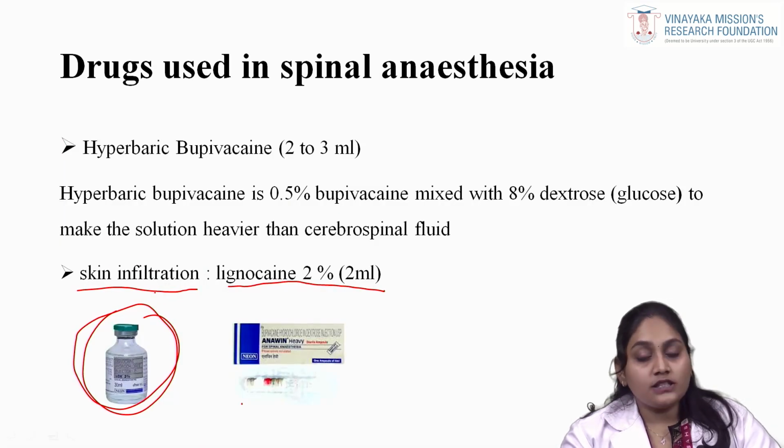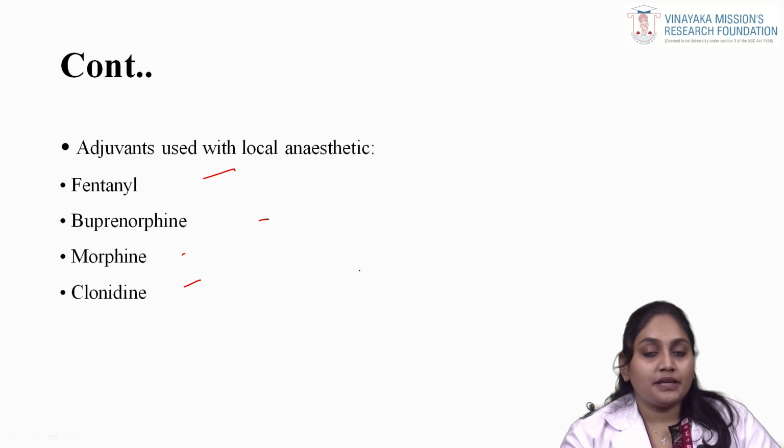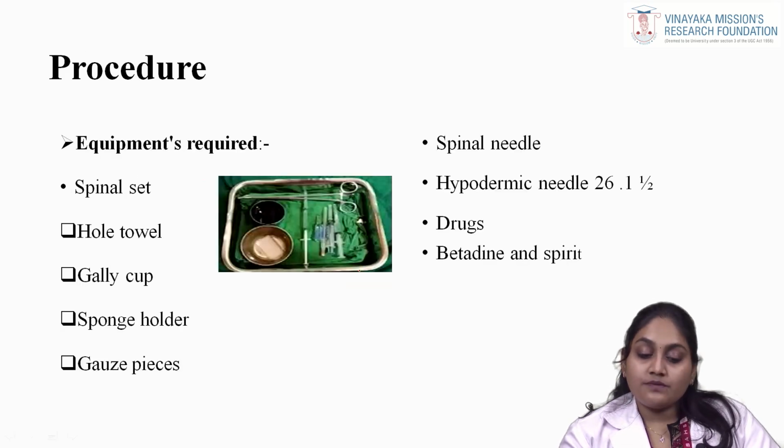Mainly 0.5% bupivacaine, plus we add 8% dextrose to make it hyperbaric. Why? To make the solution heavier than CSF. Another drug is lignocaine 2% for infiltration, and adjuvants, mainly opioids. Equipment needed: spinal set, spinal needle, hypodermic needle, drugs, betadine.